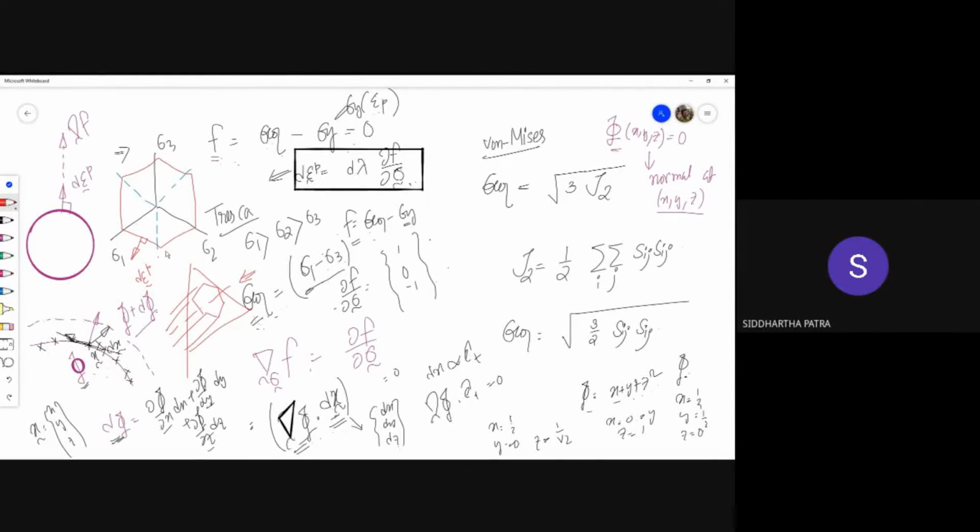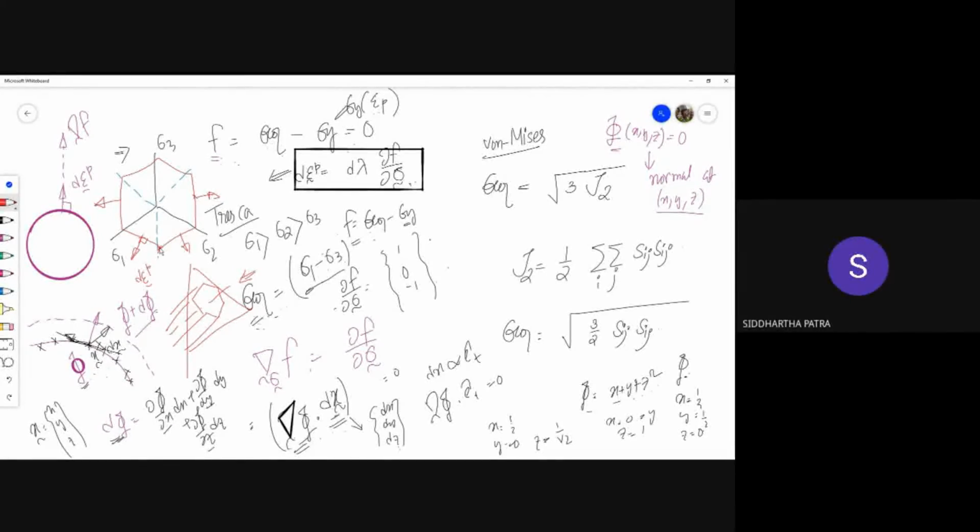And over here it is also the outward normal. So on each side it is the outward normal. Now when you come to one of the vertices, these are the directions of plastic strain when you are at the corresponding stress value.